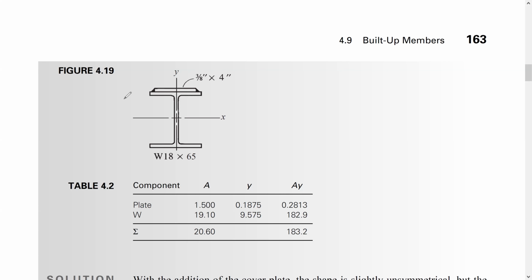Okay, so in the first case, let's get the centroid of this cross section. For sure it's not going to be this one. Okay, this neutral axis is just for the wide flange without the plate. So as you know, guys, and we will get the neutral axis, and we will here assume this as a datum.